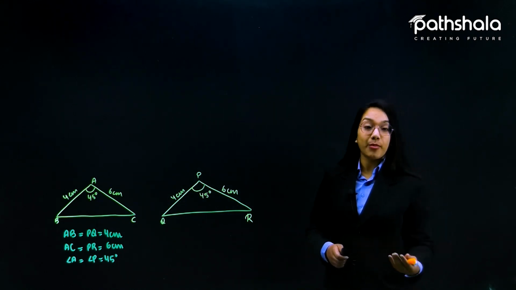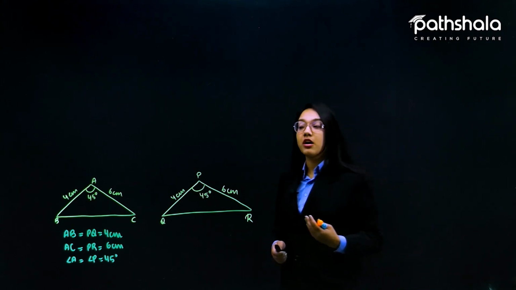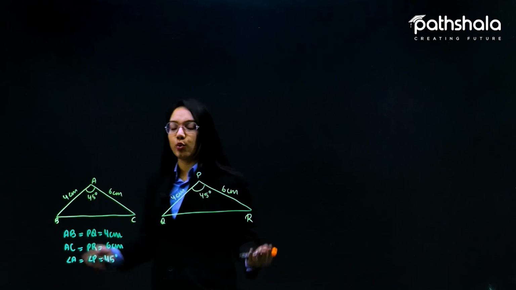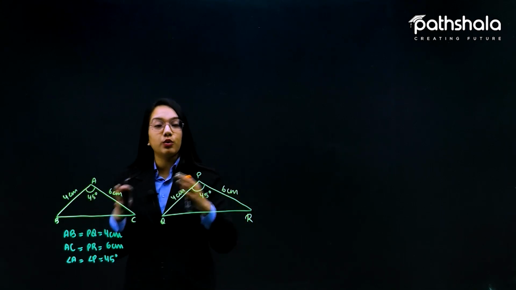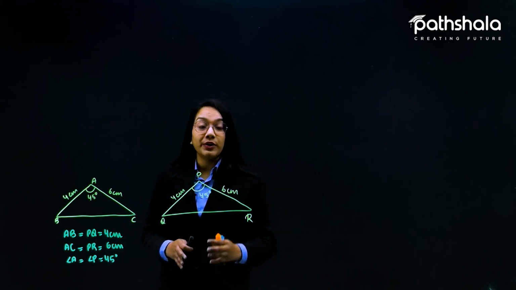Yes, it is sufficient for us to say that if the two sides and their included angle are equal to the two sides and the included angle of the other triangle, then they are congruent to each other.